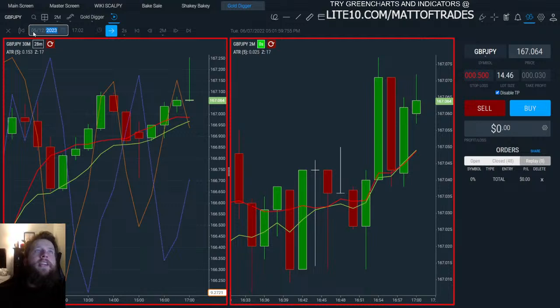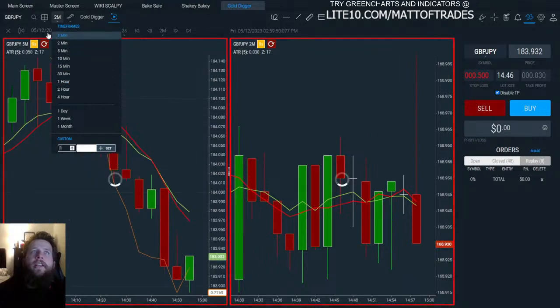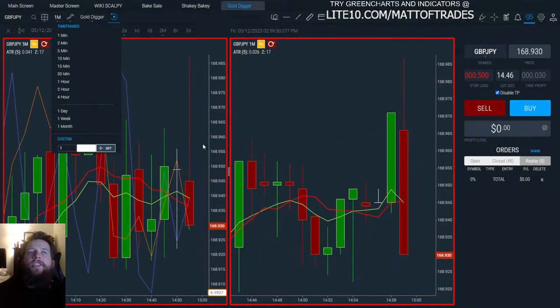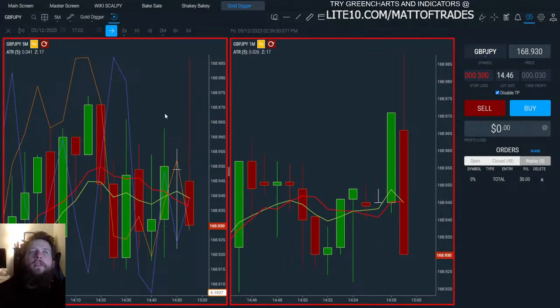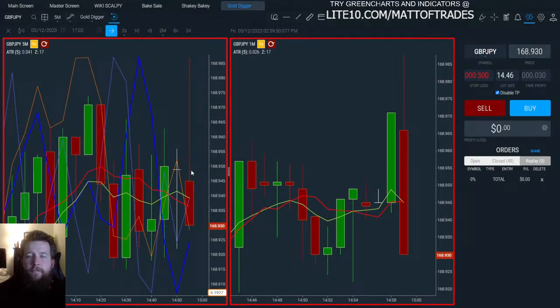5/12 of 23 is the first day. And again, we're just going to be using our standard 5 minute and 1 minute chart. Same rules as before, which means I need to add my thick blue TNT line. This is just going to take so long to trade because it's 5 hours as opposed to an hour and a half.